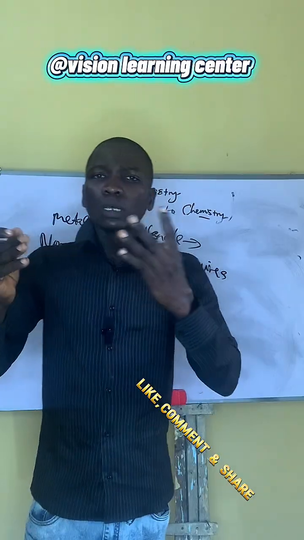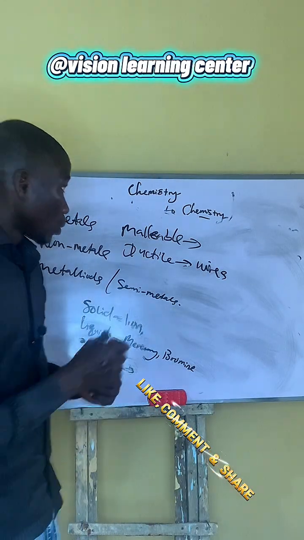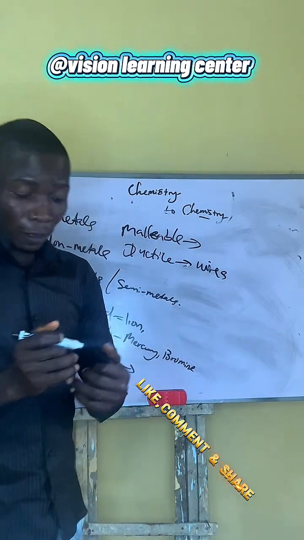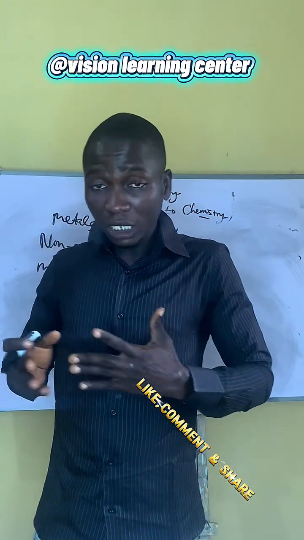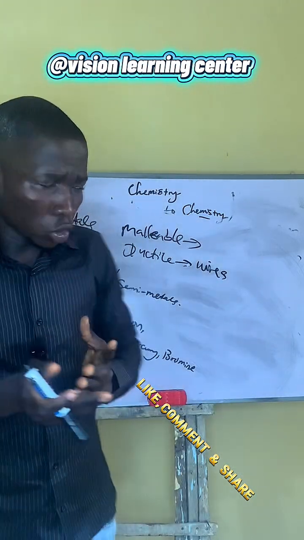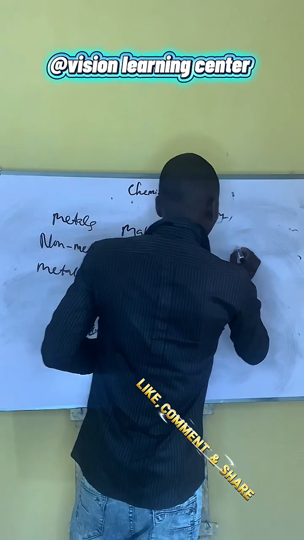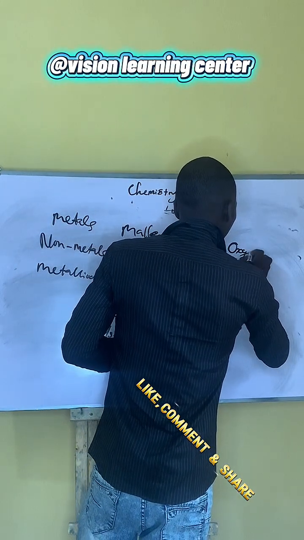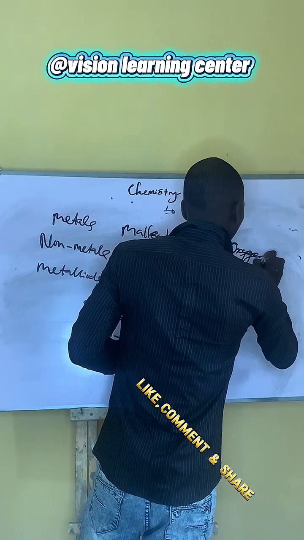Let's look at matter based on occurrence in nature. We have two. We have one that occurs in nature, which is oxygen. Oxygen occurs in nature.